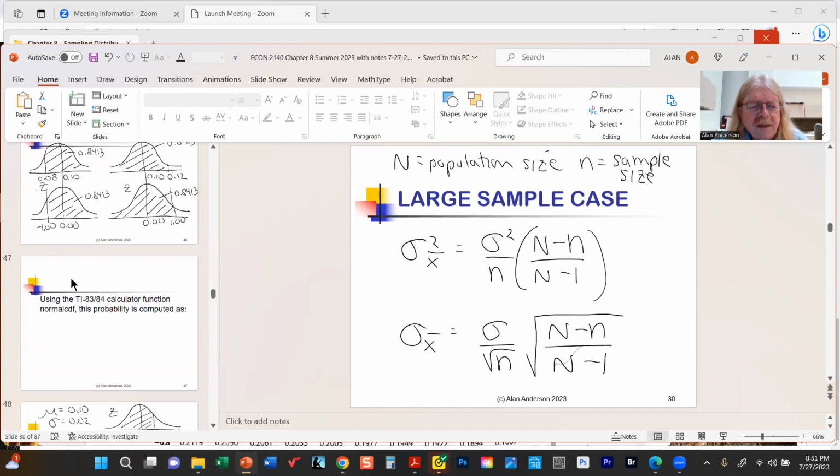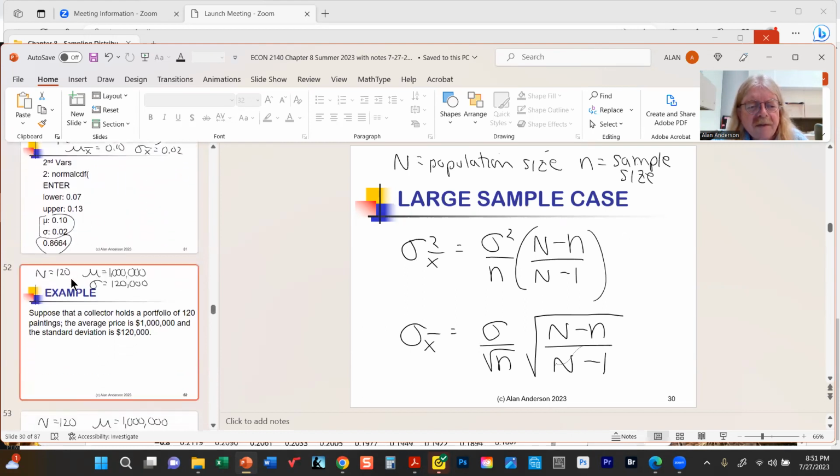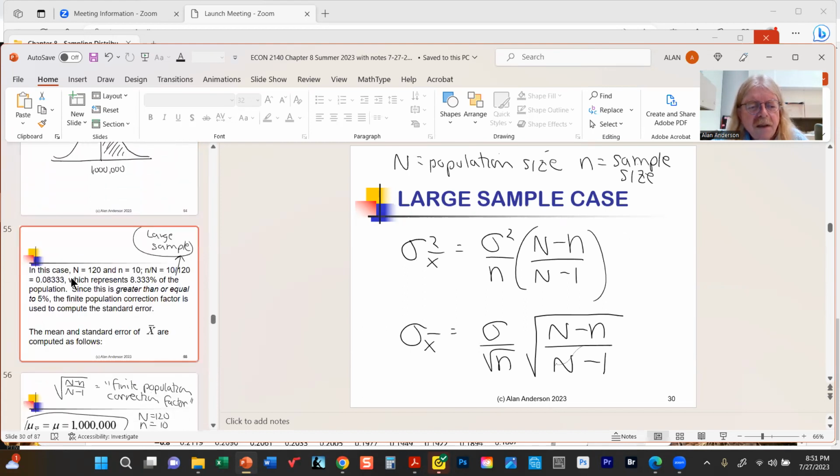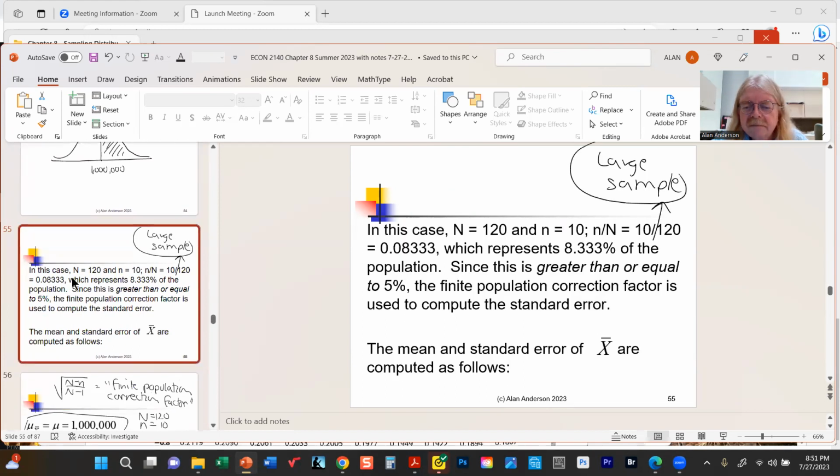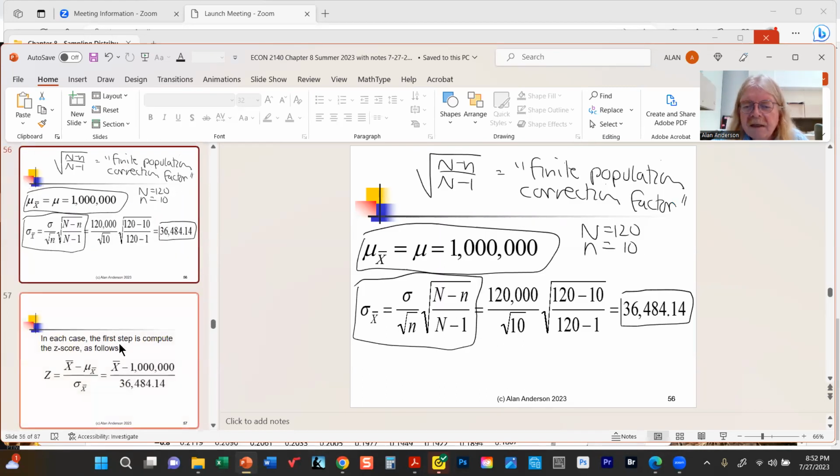We don't have to worry about the mean. We know that the mean of X bar is the same as the population mean. That's easy. So the mean is $1 million, fine. It's the standard error or standard deviation where we have all these numbers. We need the so-called finite population correction factor.